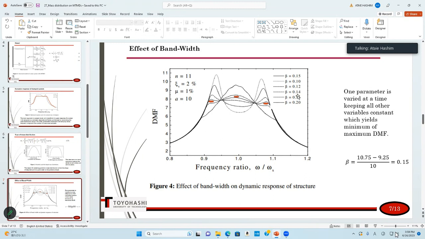So they played with many numbers and finally found out that if the beta is about 0.15, the response curve will be very flat, the peak will come down, and the valley will go up. So the best or optimum value for beta is 0.15.